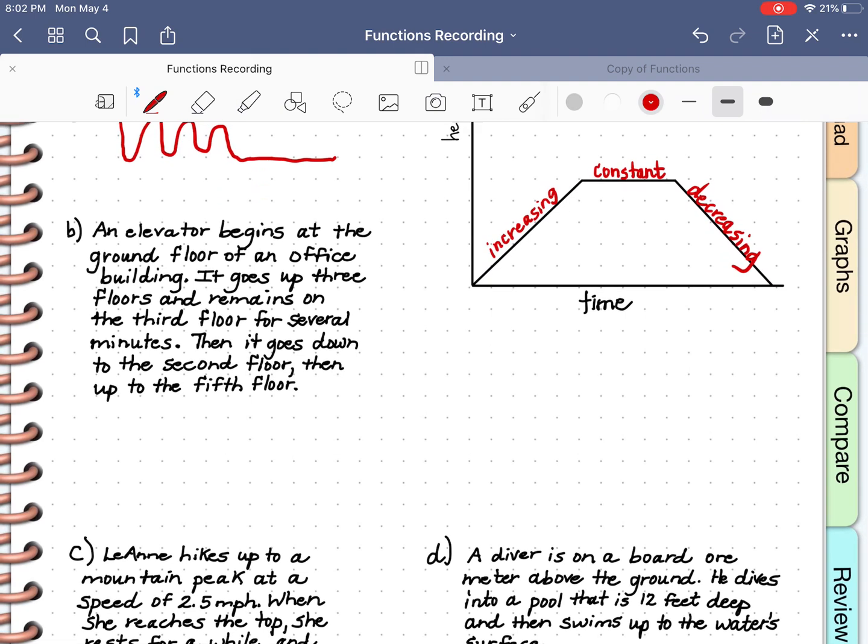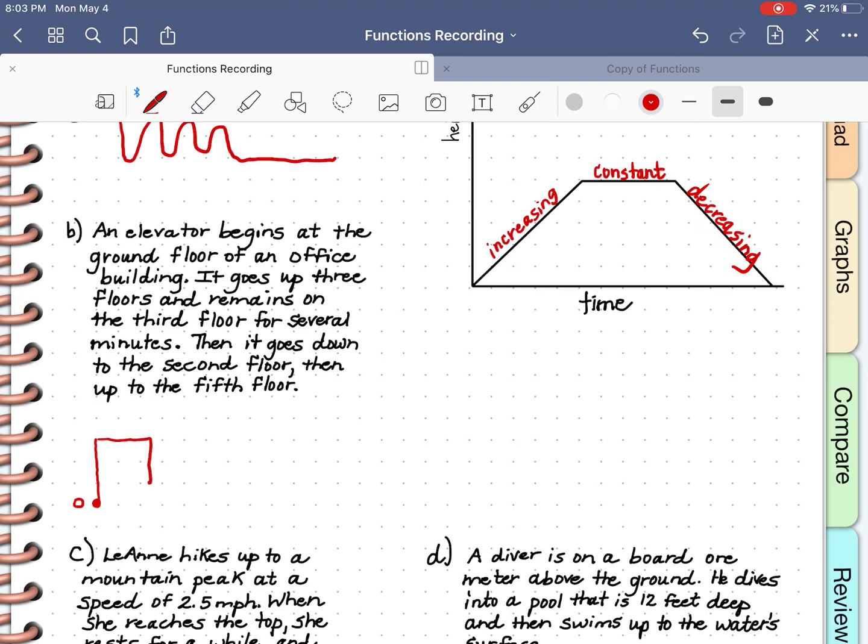B: An elevator begins at the ground floor of an office. It goes up 3 floors and remains on the 3rd floor for several minutes. It then goes down to the 2nd floor, then up to the 5th floor. So that's not the same motion. We're looking for that general flow of motion that matches.